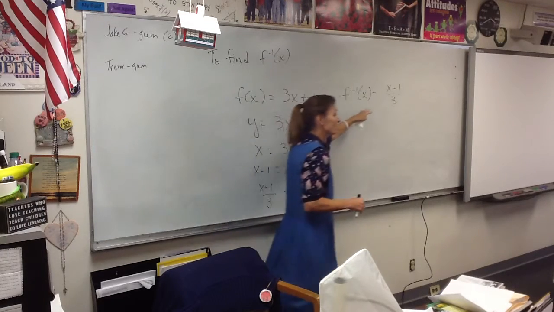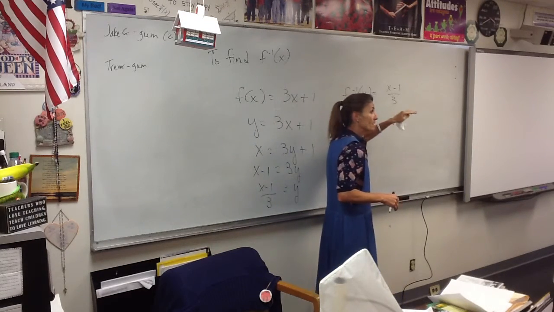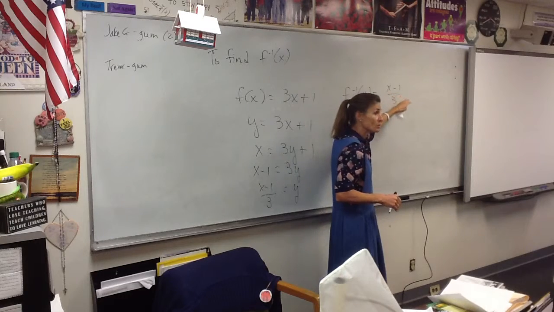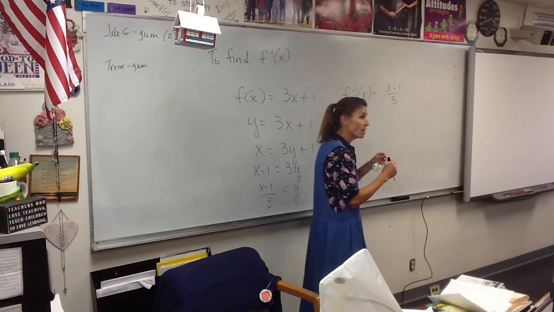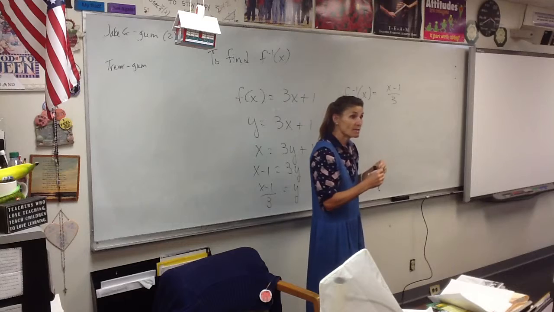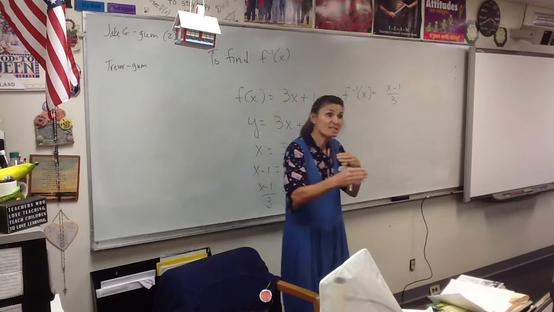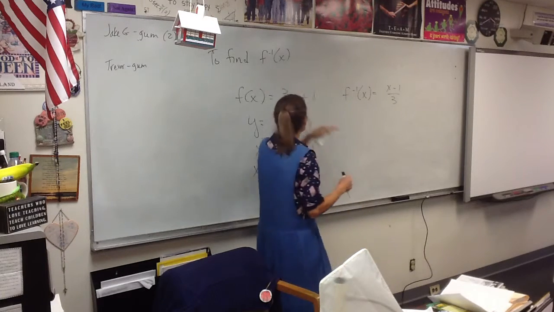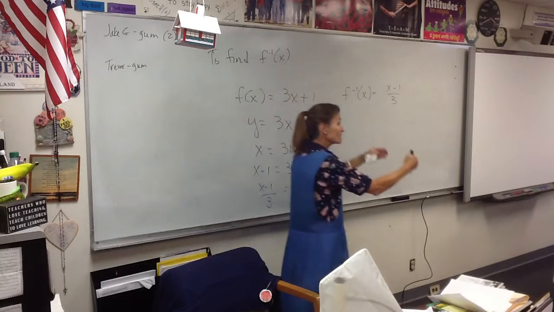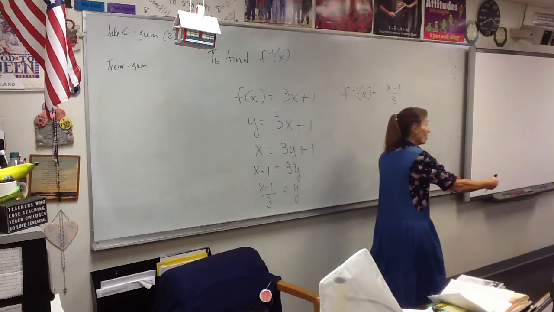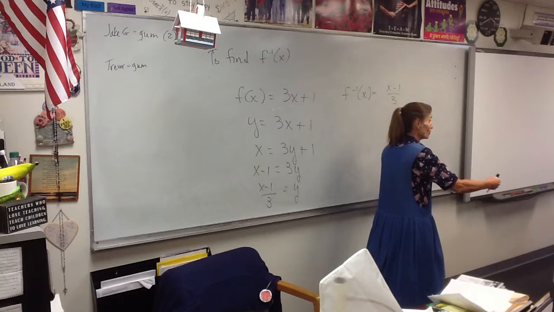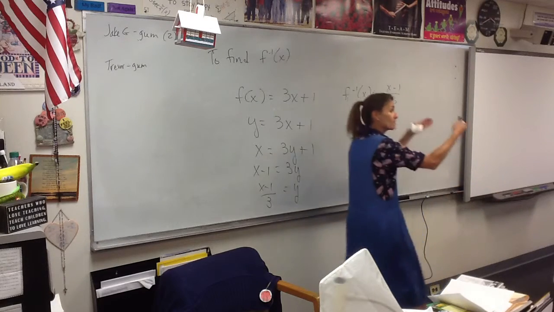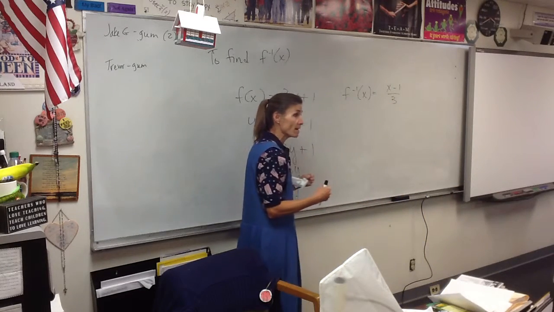Now look at what the inverse does. The inverse takes the number and does what to it? Subtracts 1 and divides by 3. Do you see how it undoes what the original one did? This is a machine. It multiplies by 3 and adds 1. What does the inverse do? Puts you in reverse. Subtracts the 1 and divides by 3.